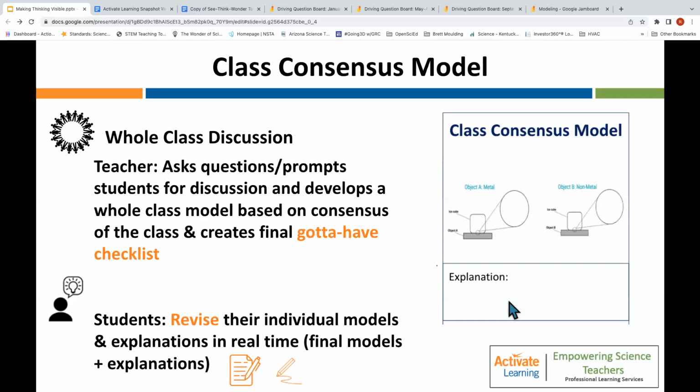While we create the class consensus model, you may revise your model in real time. And this is how we help with sense making, their thinking visible, allowing space to be wrong. If they don't have every component in the model, that's okay, because I'm going to help clarify all the things that need to go in the model or not, while they simultaneously revise their individual models.